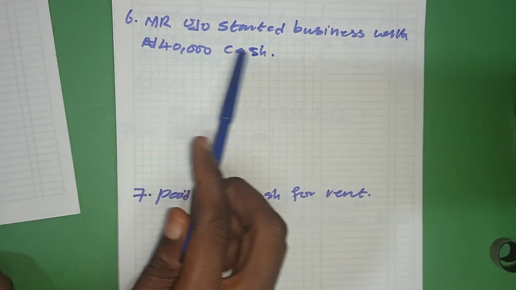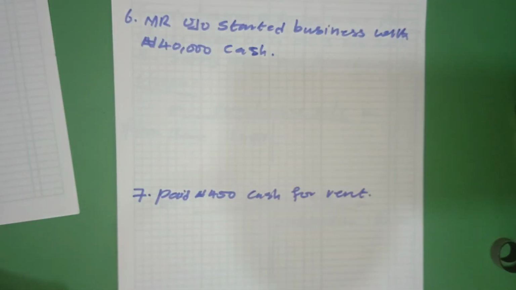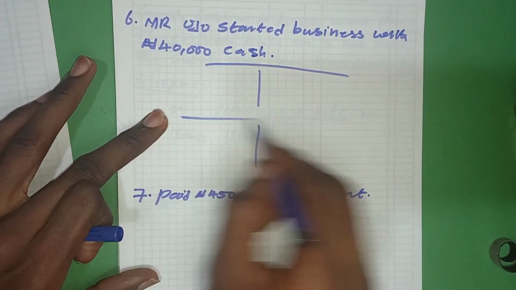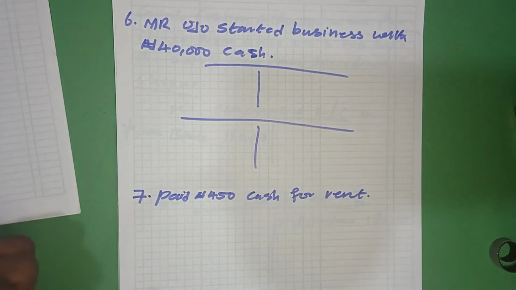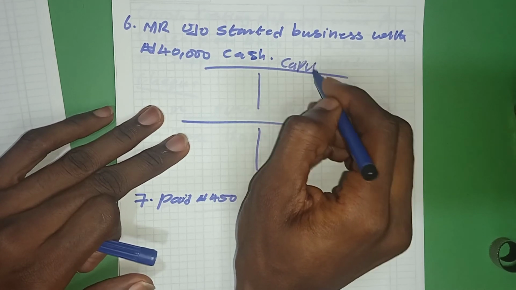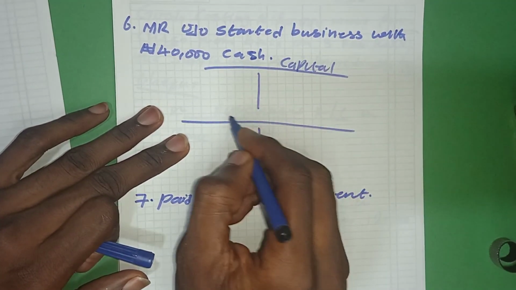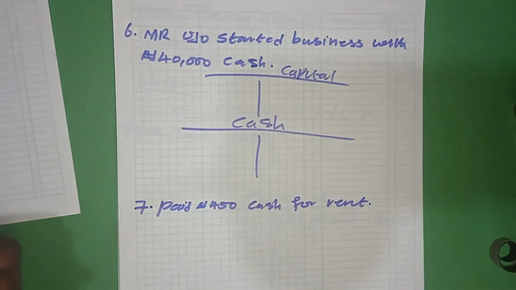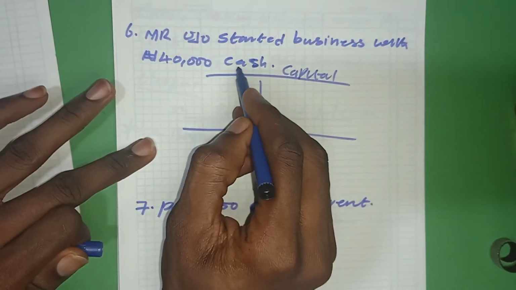Now, Mr. Ojo started business with 40,000 naira cash. The two accounts there are capital and cash.